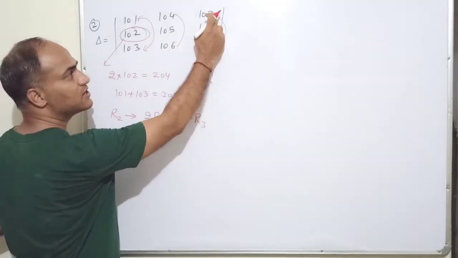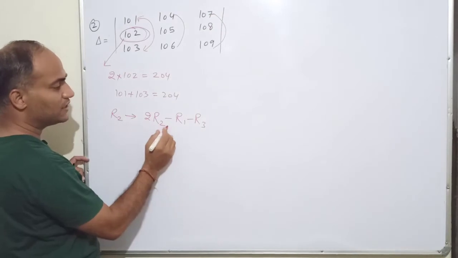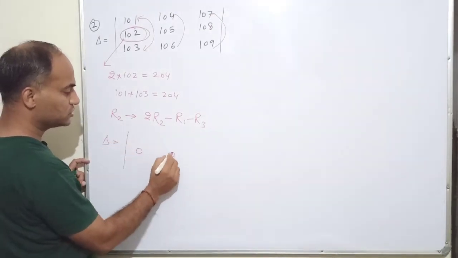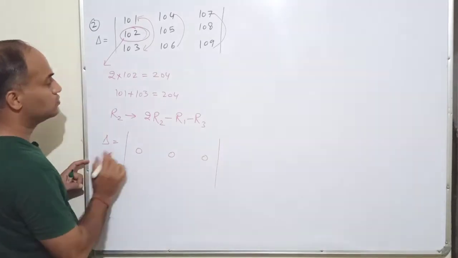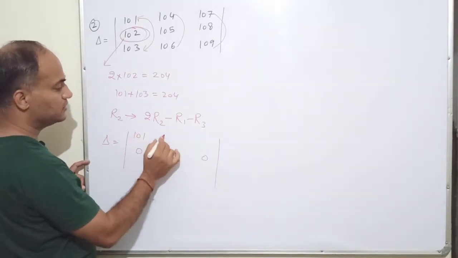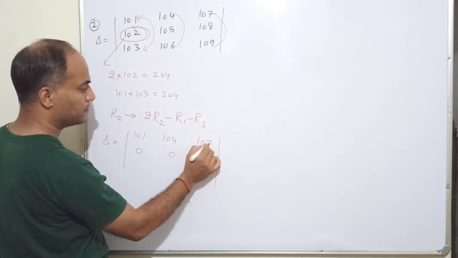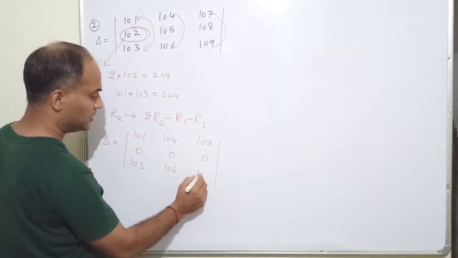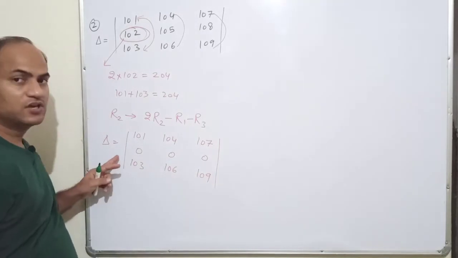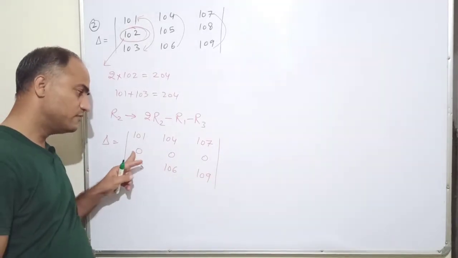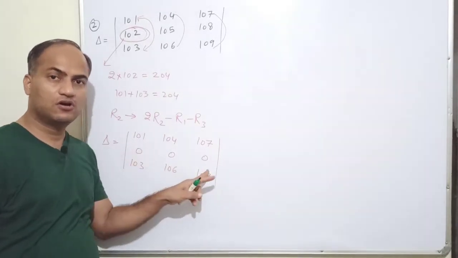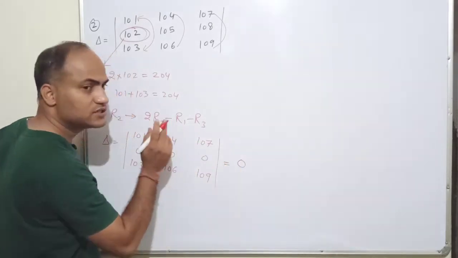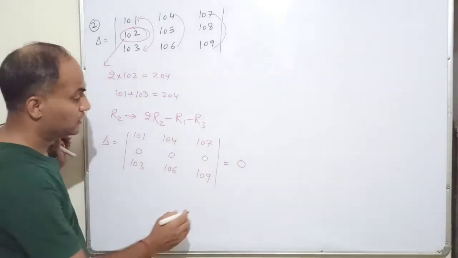So on applying this operation we get delta with row 2 as 0 0 0, and r1 will remain same, 103, 6 and 9. Now guys, we all know the property that if in any row or column all values are 0, then the value of the determinant is 0. This is our answer.